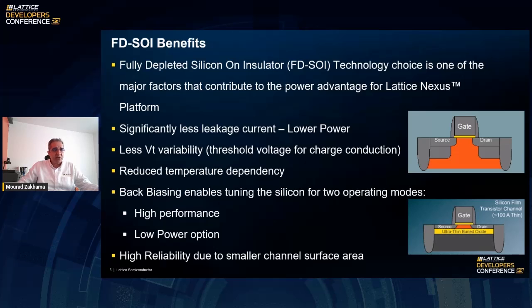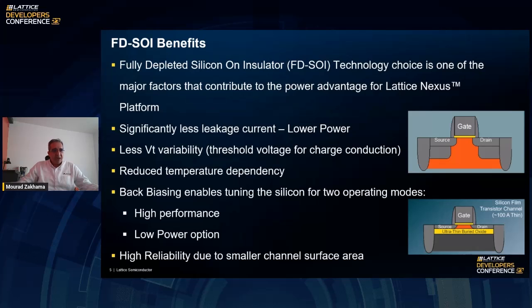Biasing consists of applying a voltage just under the box of the target transistor. By doing so, you change the transistor's threshold voltage to increase drive current at the expense of higher leakage, or the other way around, cutting the leakage current at the expense of performance.